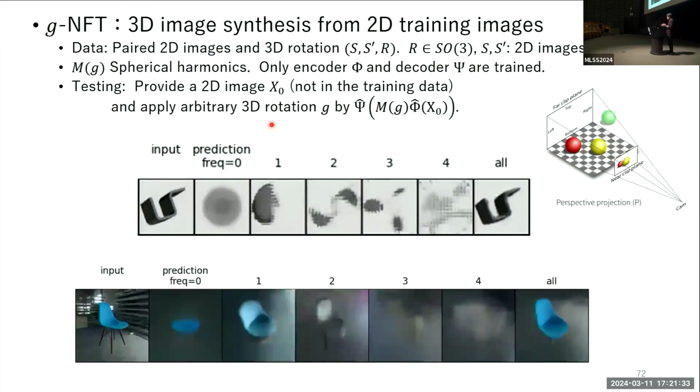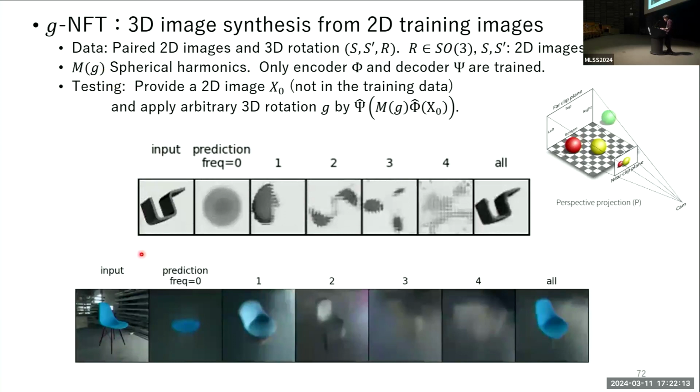And the constraint here is that we use our matrix here, because in this case, we assume that we know that the group is SO(3), the three-dimensional rotations. We use the specialized harmonic function as an irreducible representation of the group G. And what we have trained is the encoder and decoder with the given harmonic functions in the middle.